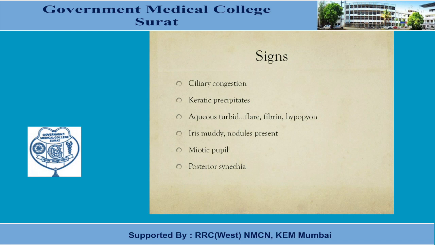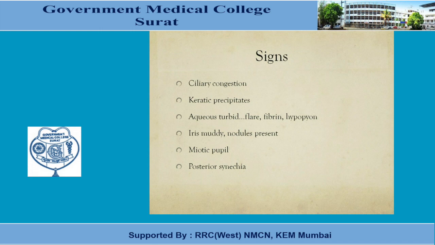Generally, acute iritis will have a miotic pupil, initially. Then what happens is the inflammation increases and there will be inflammatory material in between the iris and lens also. So the iris gets stuck with the lens, which is called synechia.